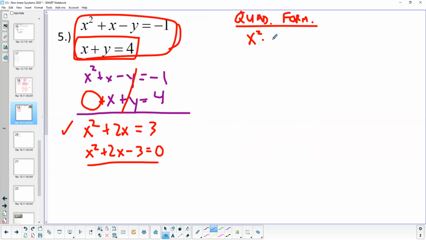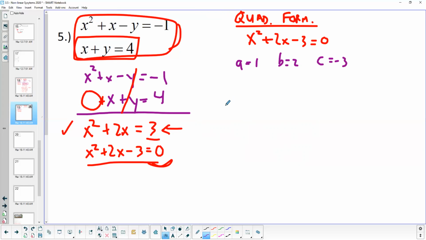And so we've got x squared plus 2x minus 3 equals 0. Keep in mind you still needed to set it equal to 0, so do not use this form of the equation. And we identified already that our a was equal to 1, our b was equal to 2, and our c was equal to -3.